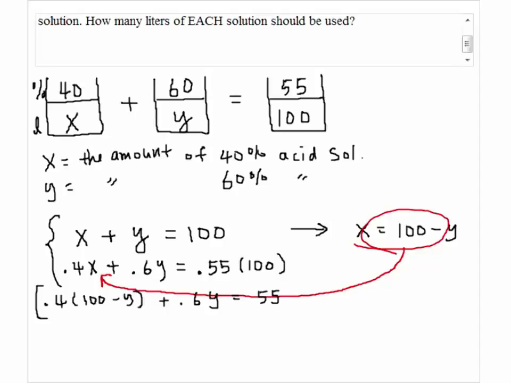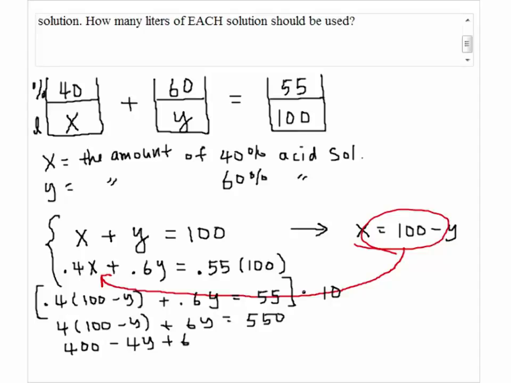By multiplying 10 on both sides, we can eliminate the decimal point. So we have 4 times (100 minus y) plus 6y equals 550. So 400 minus 4y plus 6y equals 550.